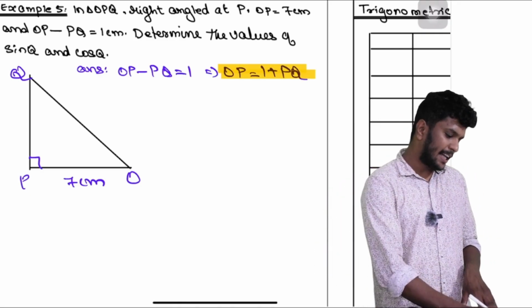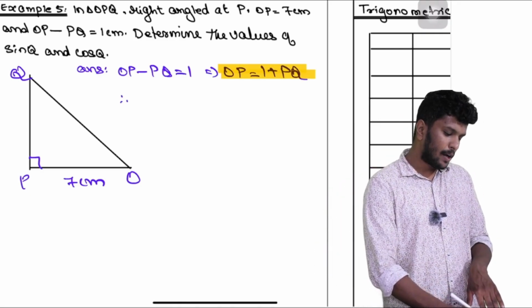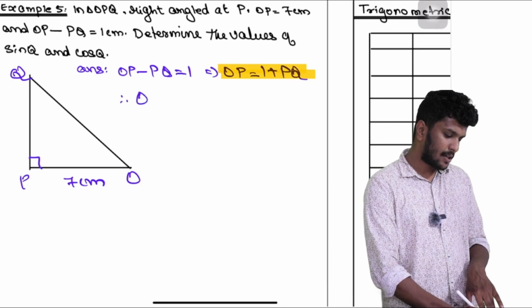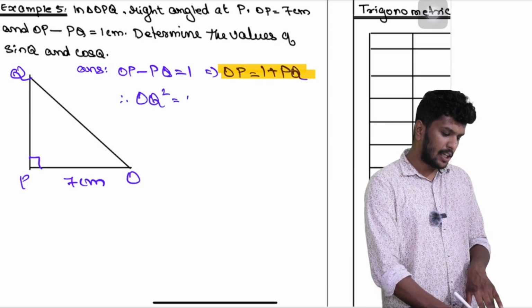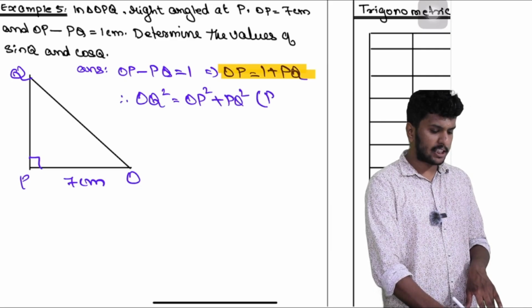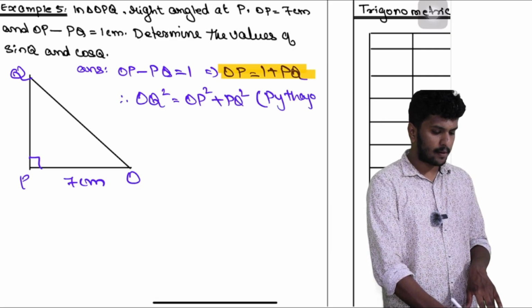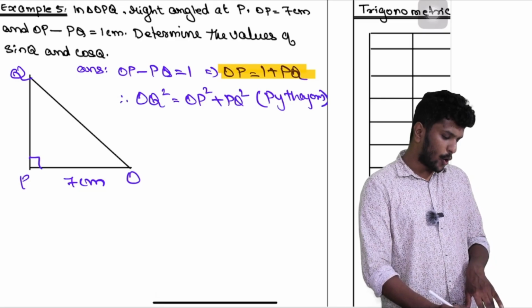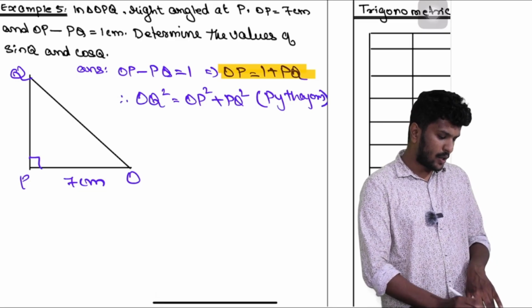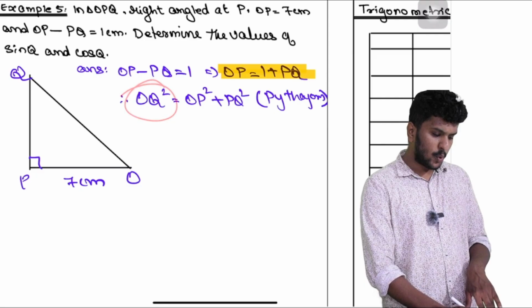So applying Pythagoras, OQ square is equal to OP square plus PQ square by Pythagoras property. Do we know OQ value? OQ we do not know.